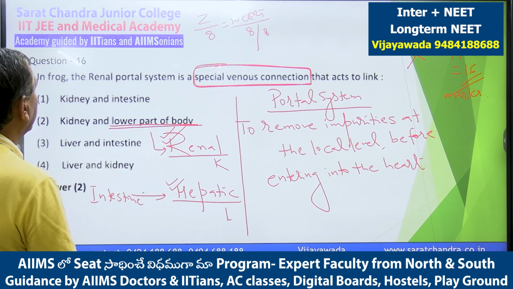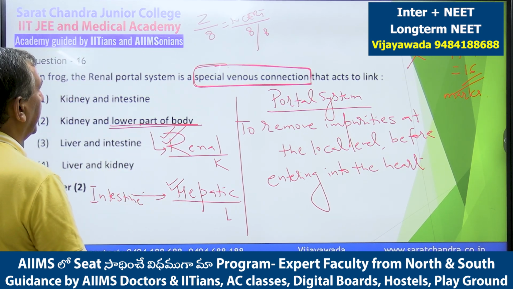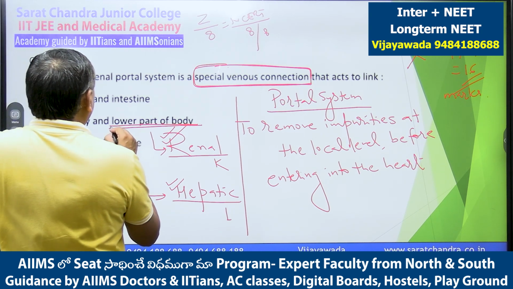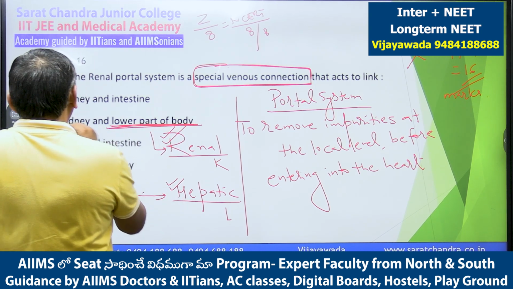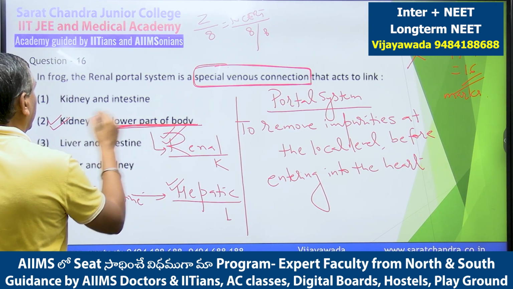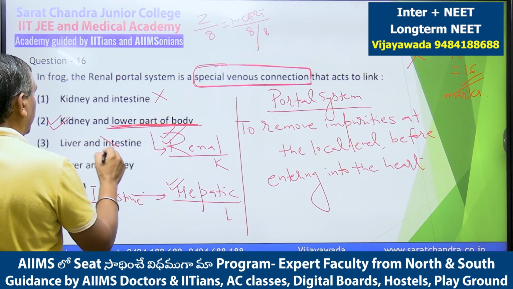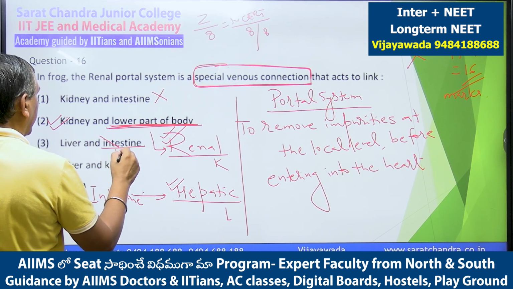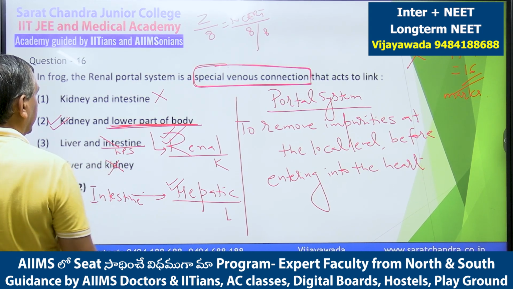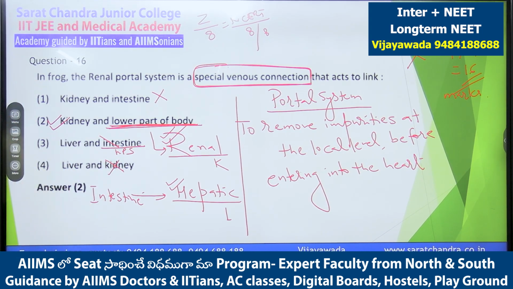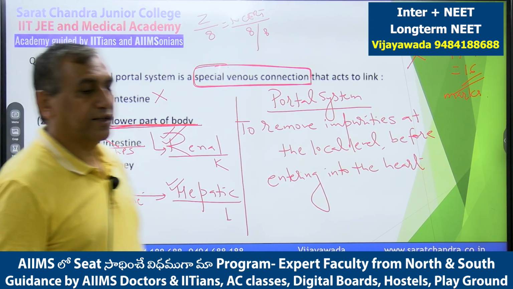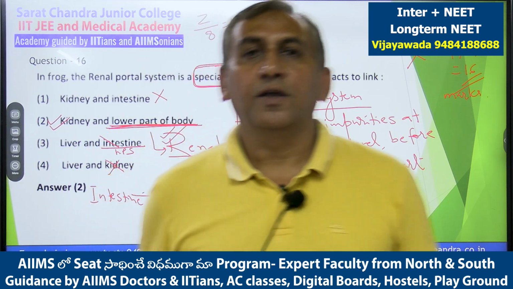So they are asking about the renal portal system that acts to link the lower part of the body to the kidney. There is one connection, that is the hepatic portal system. Clear? So how many portal systems are there? 2.